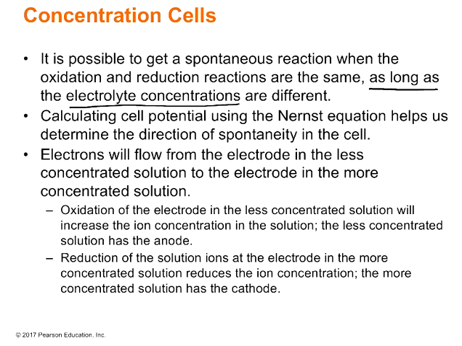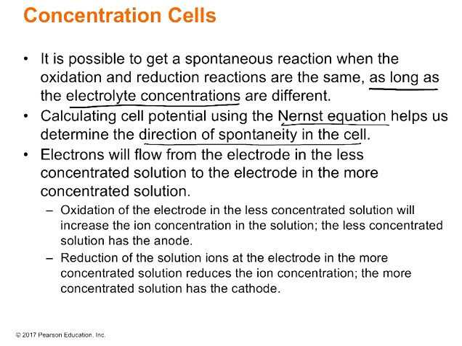And calculating the cell potential using the Nernst equation will help us determine the direction of spontaneity in the cell. So electrons will flow from the electrode in the less concentrated solution to the electrode in the more concentrated solution, just like we saw on the last slide.